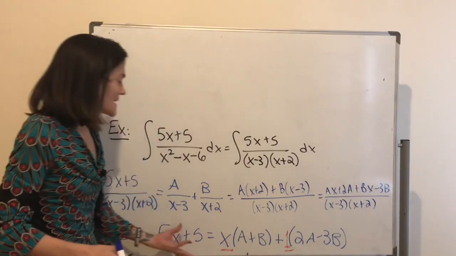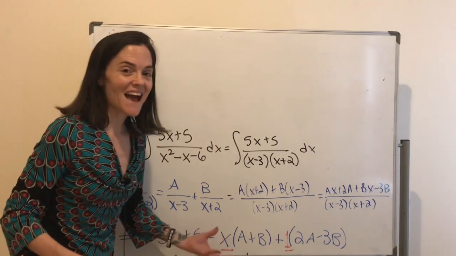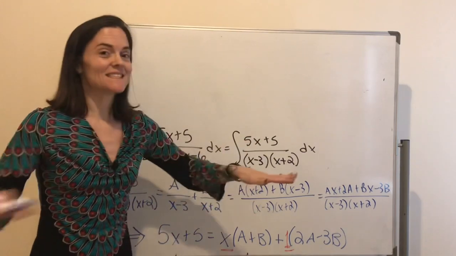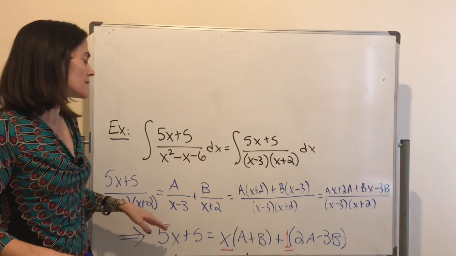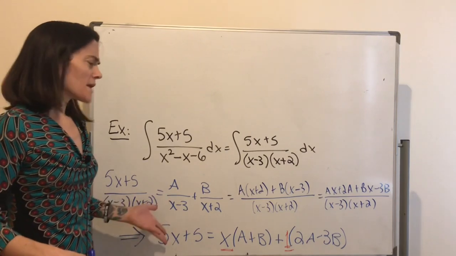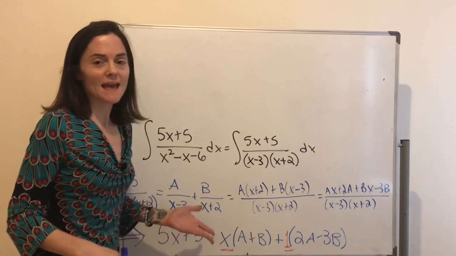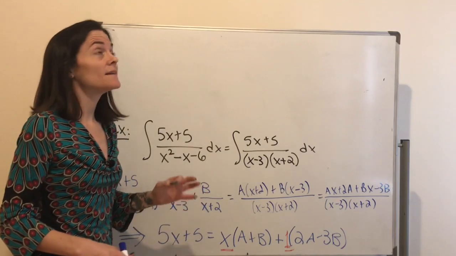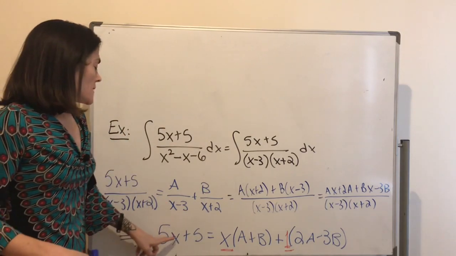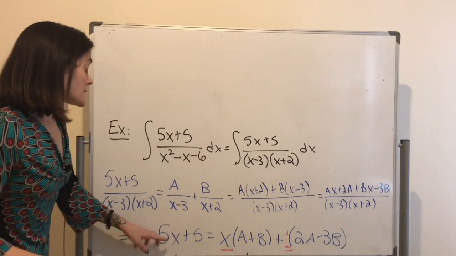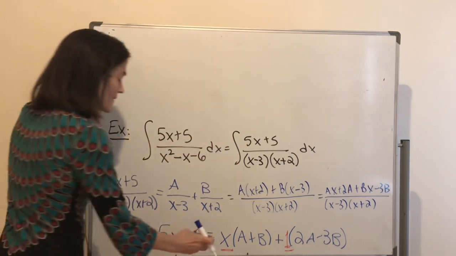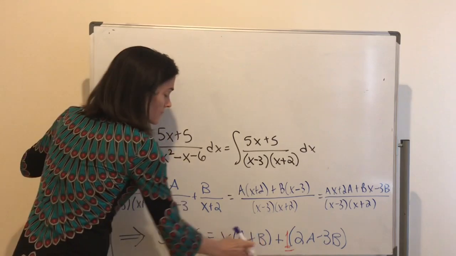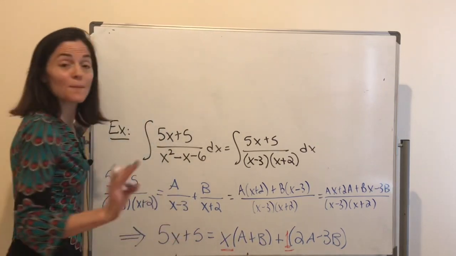Now this equation must hold for all x. This leads to a system of two equations, because just looking at it, it looks like I have one equation and two unknowns, A and B. How am I going to solve for that? But this is true for all x. This leads to two equations. One of them says the coefficients in front of the x terms must be equal.